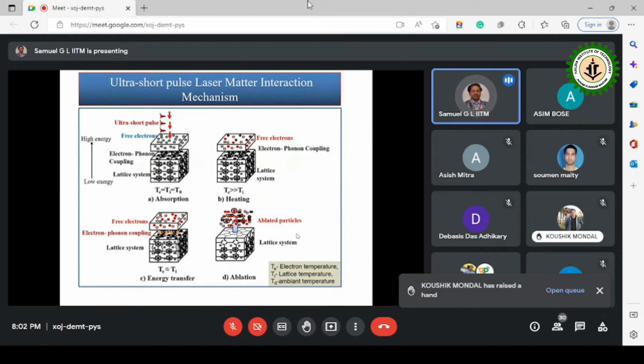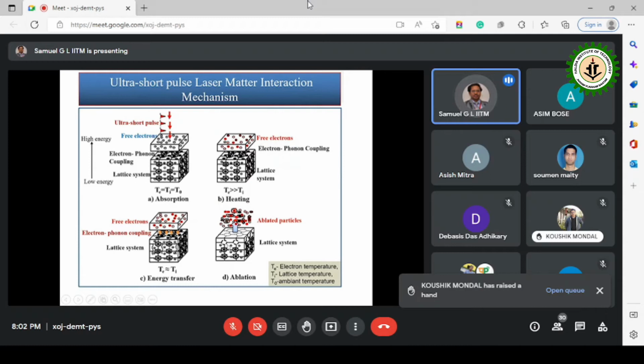If you try to understand, you will appreciate why these ultra short pulse lasers are good tools for machining. Actually, this diagram was developed by us. We took several weeks to draw this, to make the concept and to draw.